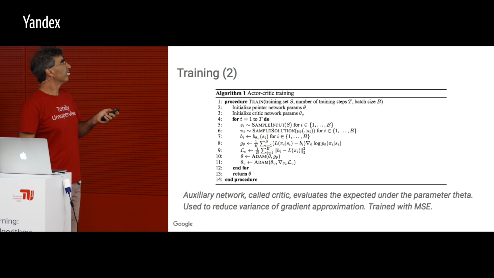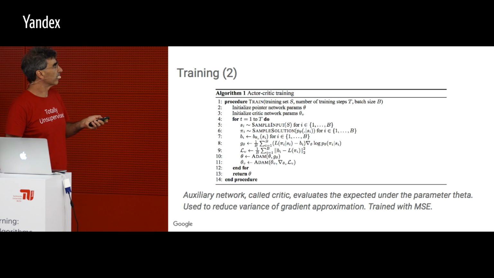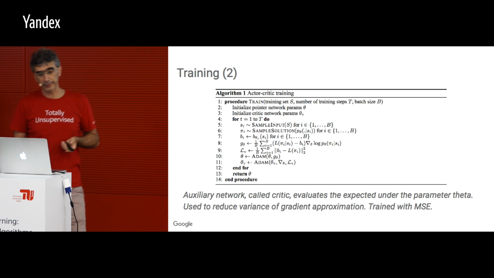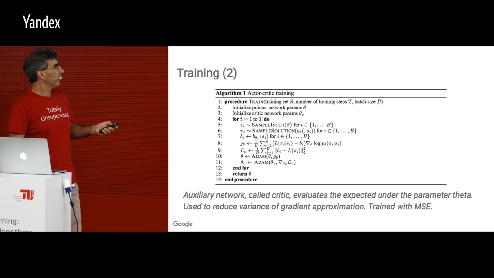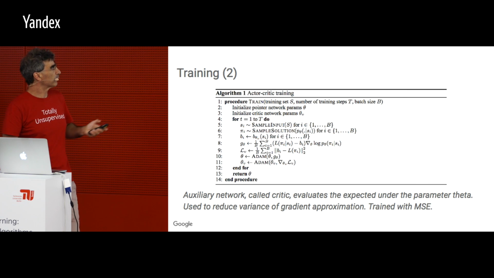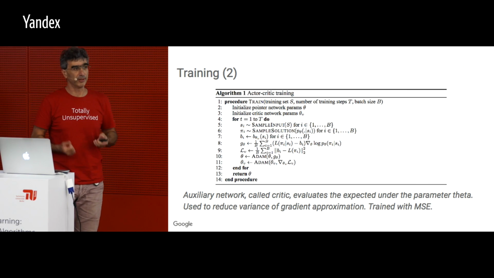So in some of the cases, we use a more recent algorithm called actor-critic. The only thing to notice here is this line where, instead of weighting by the actual cost, which here is the loss, that's how we call it, we subtract a bias b that is also estimated, and it's actually an estimate of what the cost will be.